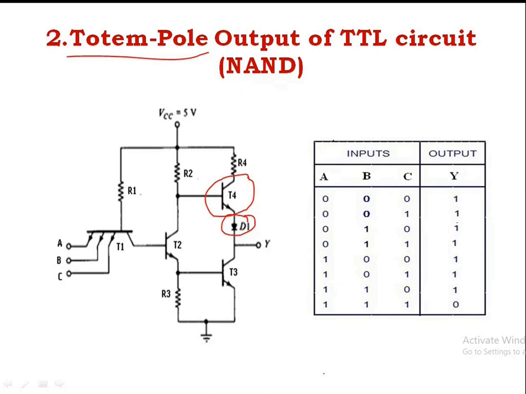The output Y will be 0.2. So transistor 4 is cut off because its base must be 1 VBE drop plus 1 diode drop. So it will be equal to 2 into 0.6, that is equal to 1.2 volt.